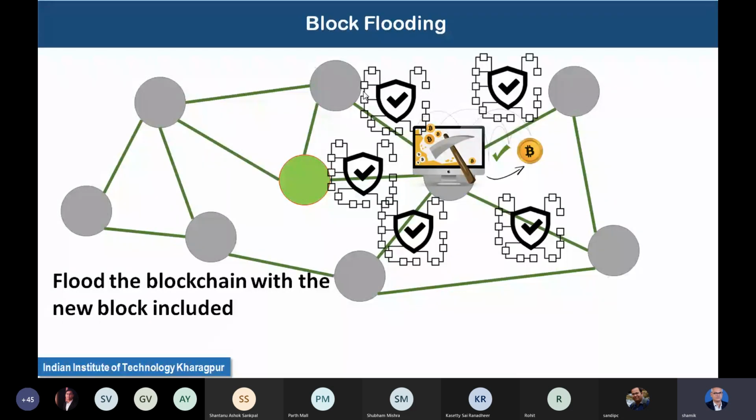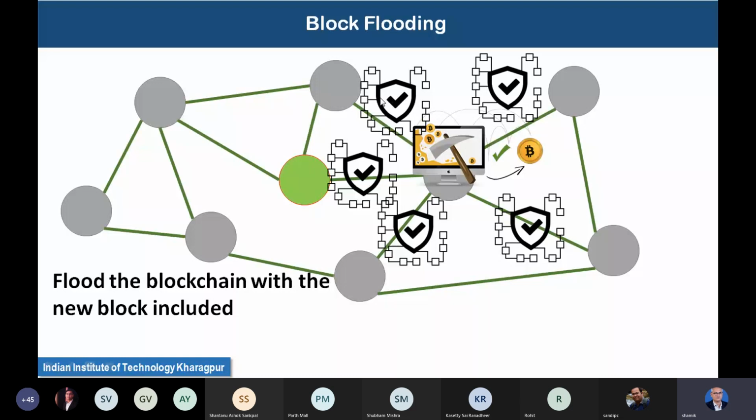Essentially, all these different nodes will carry out the same process, checking that whatever this guy is saying, that I have mined this block with this nonce and want to add it as the 100,001th block, is true.